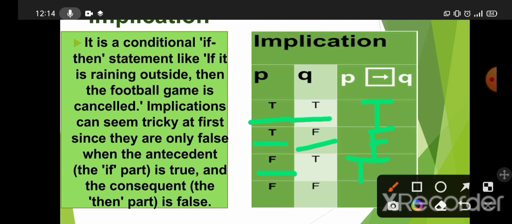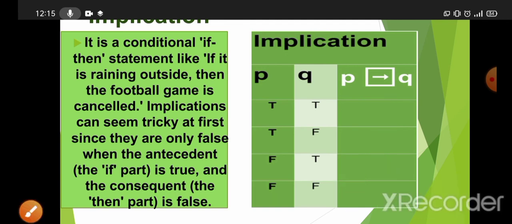Lastly, the implication does not say what happened if it is not raining outside. So if it does not rain, P is false, we don't know what will happen to Q. So it is true. And that's all.